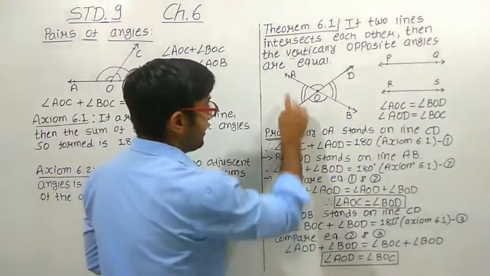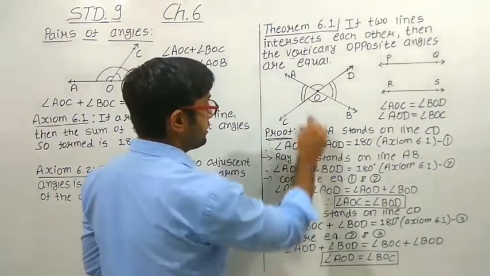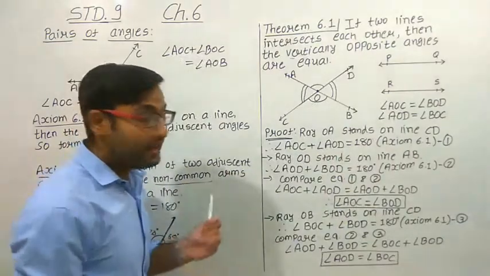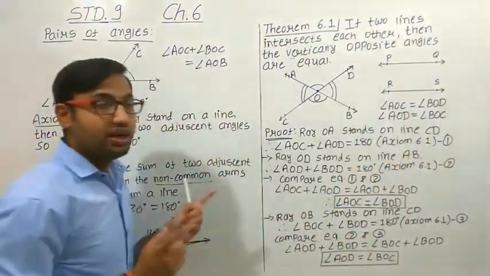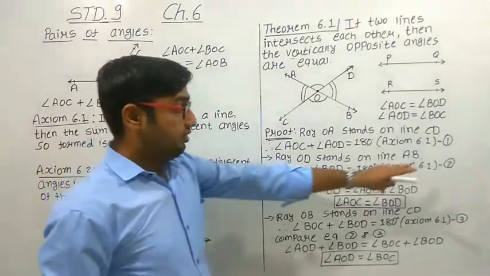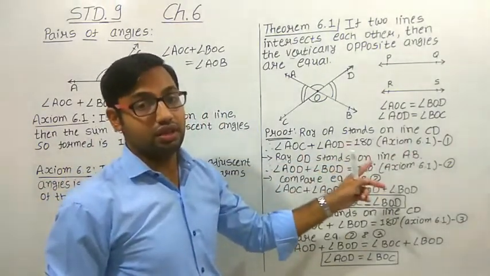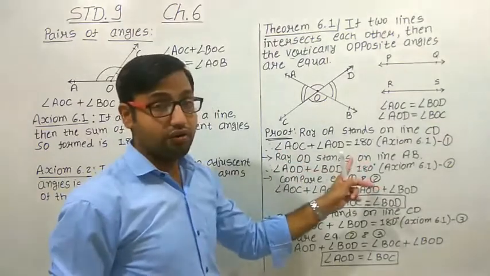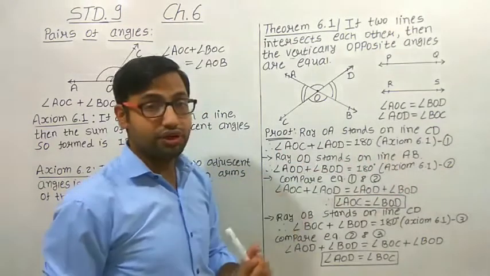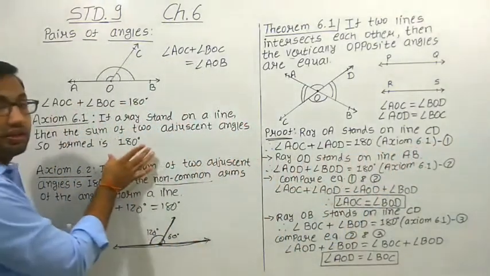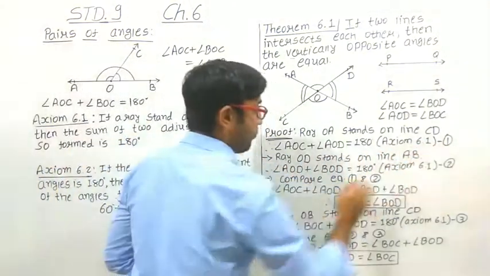So we can say that angle AOC plus angle AOD equals 180 degrees. Why? According to axiom 6.1. Whatever we write down here, we have to write down the reason. Whatever we write, we must have the reason why we write it. So this is the reason that we have studied here. Give it equation number 1.